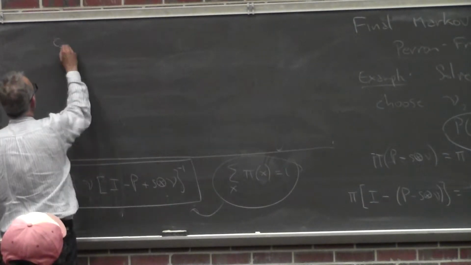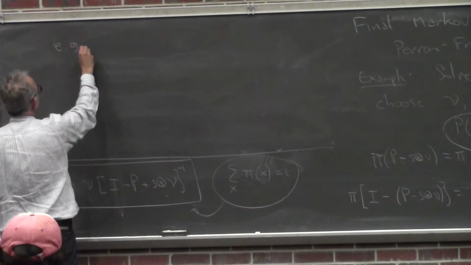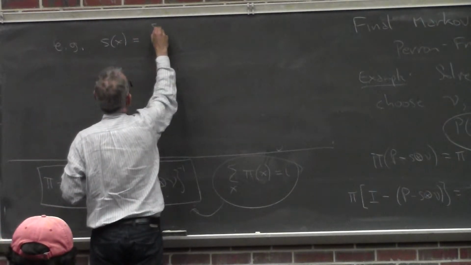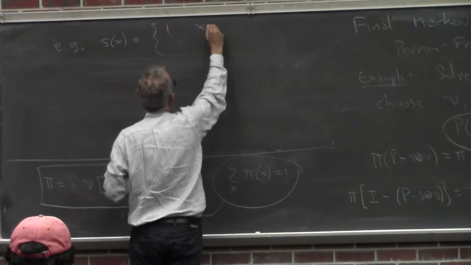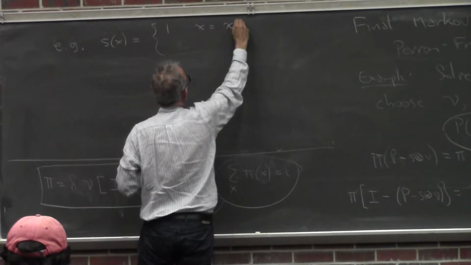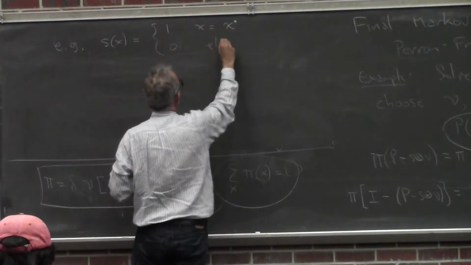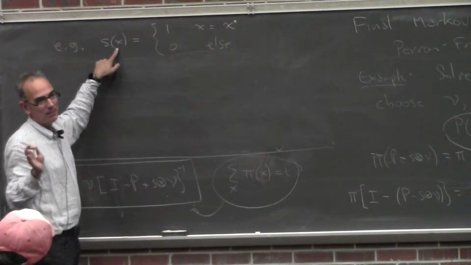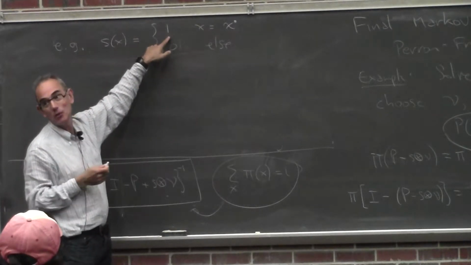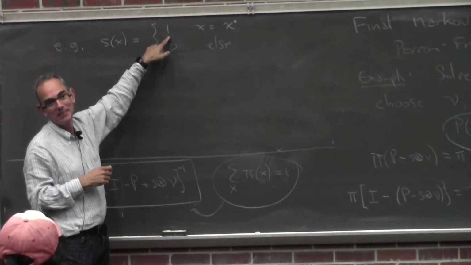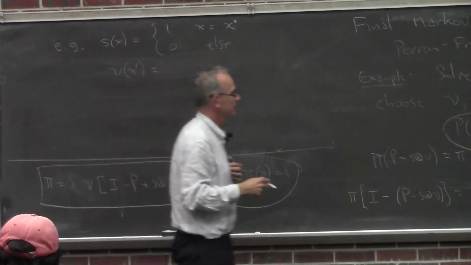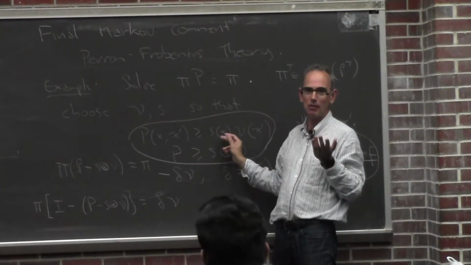But one example: take S to be 1 at a particular point and 0 everywhere else. Then it's very easy to get a lower bound because you only have to get the lower bound at one point. And what would you take for nu of x prime? I want this lower bound to hold for all x, but this is 0 except at x equals x dot.